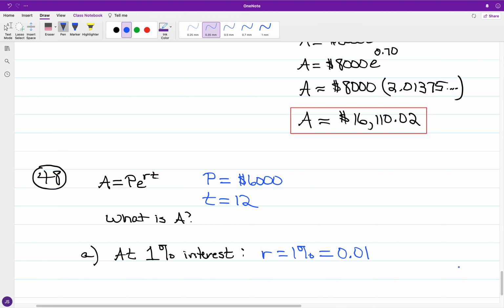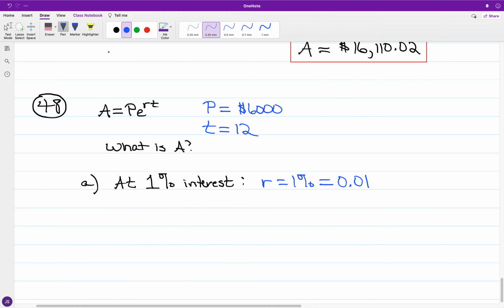So R is going to be 0.01. For the future value, you have P times e to the r times t. Once again, P is $6,000, R is 0.01, and T we're going to have at 12.